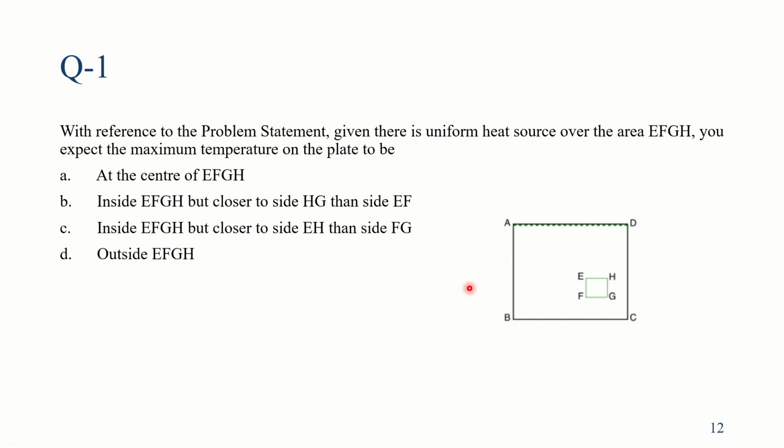First thing we should understand is that there is an adiabatic wall, and the other sides have convective heat transfer, and heat is uniform over the surface. Across the convective walls there is a transfer of heat, so they are dissipating heat. So where would the temperature be maximum?